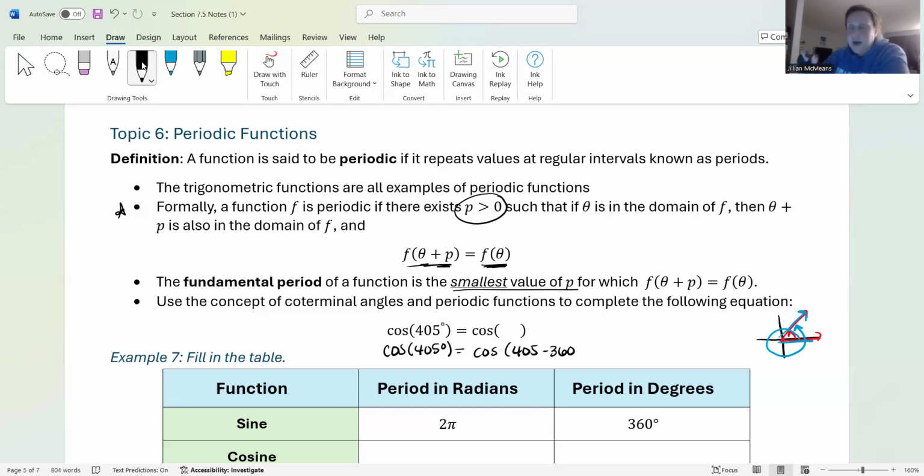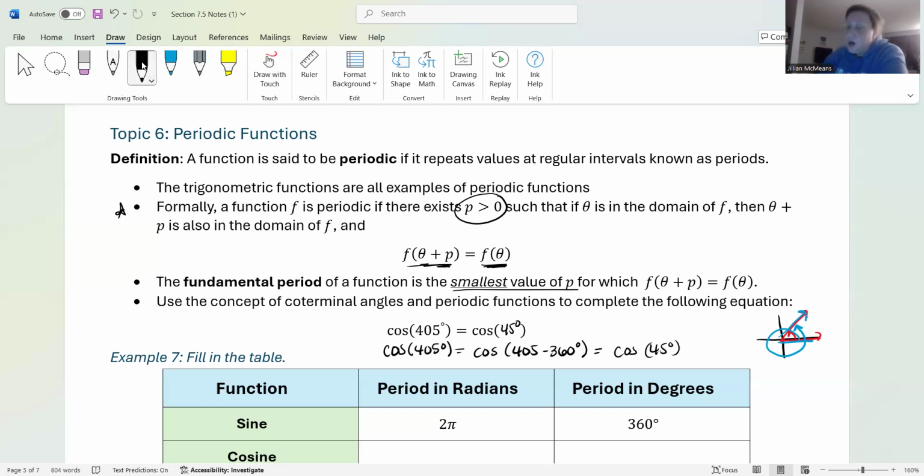If I start at 405 degrees and go in the counterclockwise direction 360 degrees, I end up right back at the same spot. So cosine of 405 degrees is equal to cosine of 45 degrees.